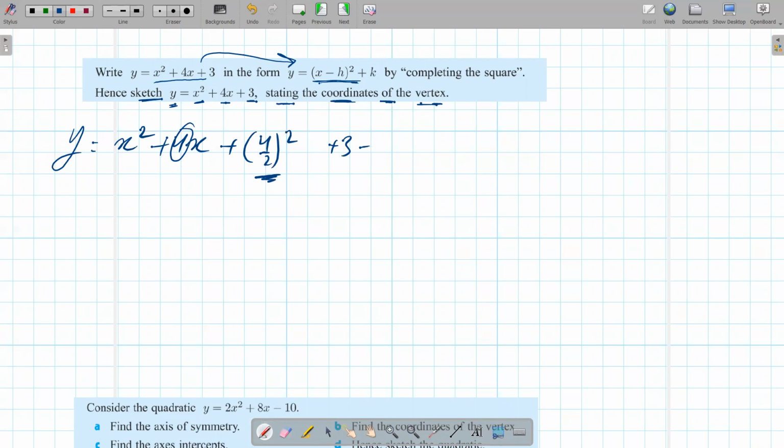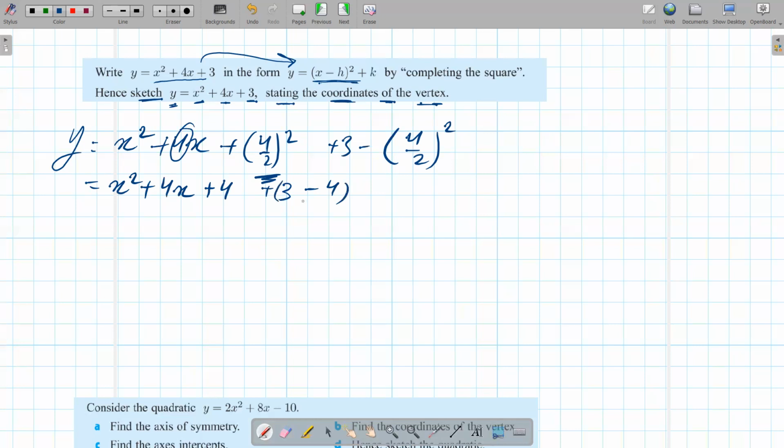We're gonna add this value and subtract the same value. Then y equals x squared plus 4x. Here, 4 over 2 becomes 2, 2 squared becomes 4, and plus 3 minus 4.